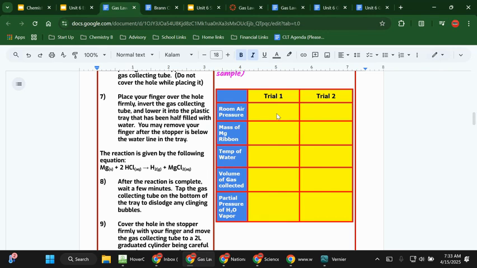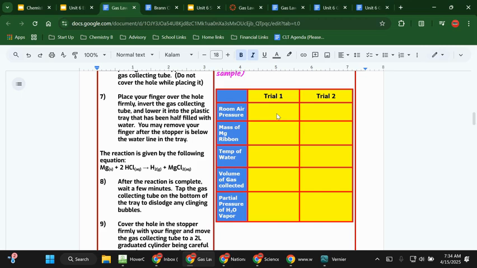So you need to put your units after your numbers. All right.